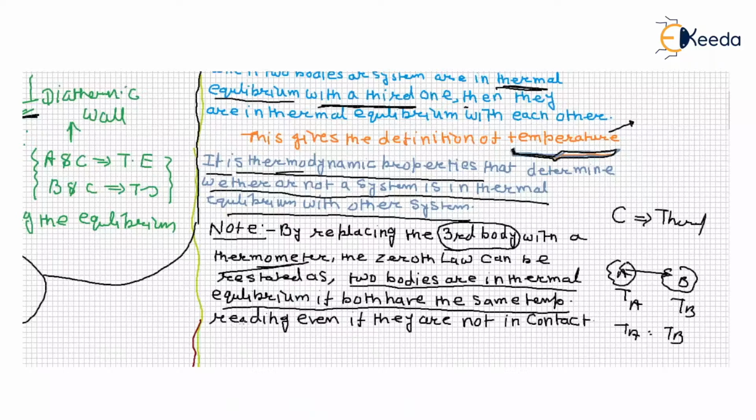By replacing the third body with a thermometer, the zeroth law can be restated as two bodies are in thermal equilibrium if both have the same temperature reading. Both have the same temperature reading, right? Even if they are not in contact, right?